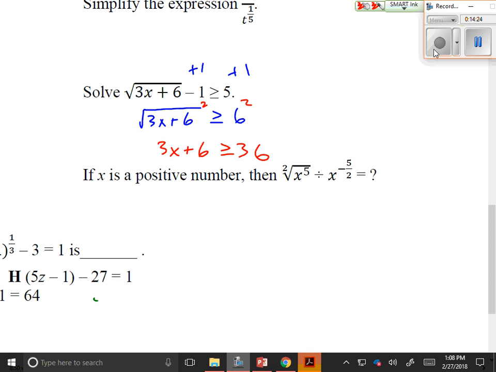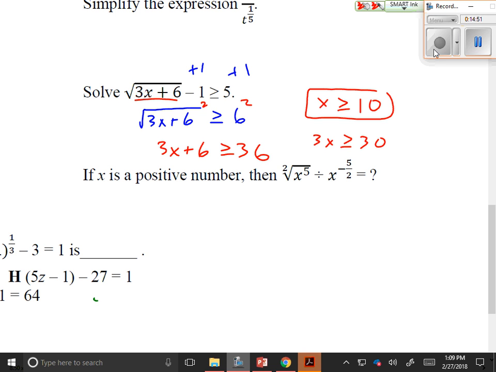Subtract 6 and divide by 3. Subtract 6, I get 3x greater than or equal to 30. Divide by 3, x is greater than or equal to 10. I need to check and see if any number greater than 10 is going to cause that to be negative. No. Everything greater than 10 is positive, so I'm okay.